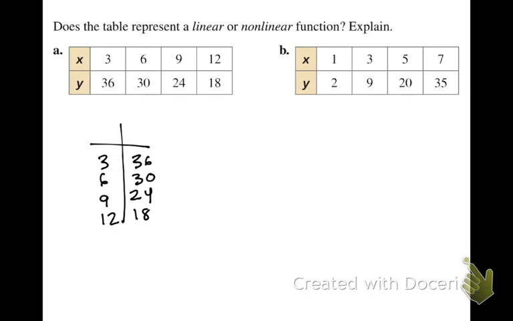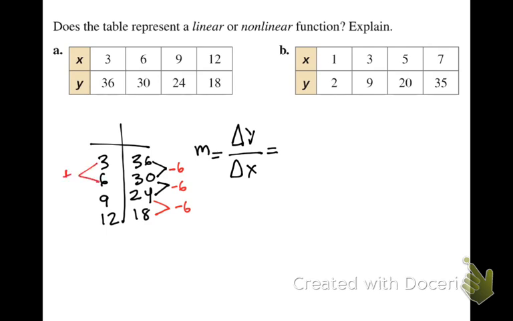When we look at the table, what we're looking for is a constant rate of change. Your change in y over your change in x is your slope. Is this a constant rate of change? Yes. Subtracting 6: minus 6, minus 6, minus 6.